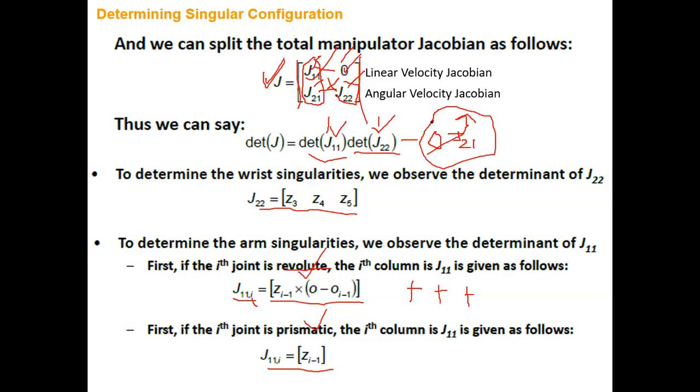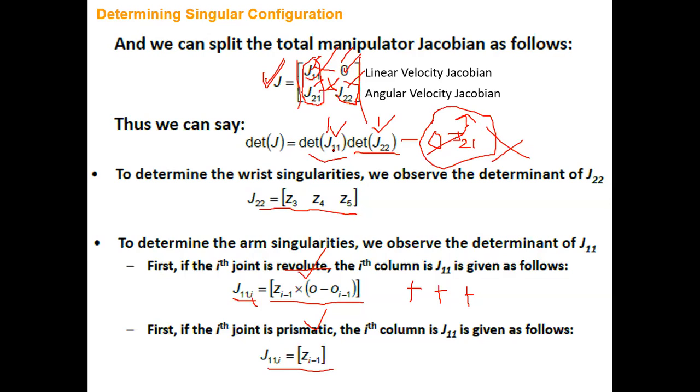This is gone means you have 50% less burden. So we don't have to worry about anything else, just J11 and J22.